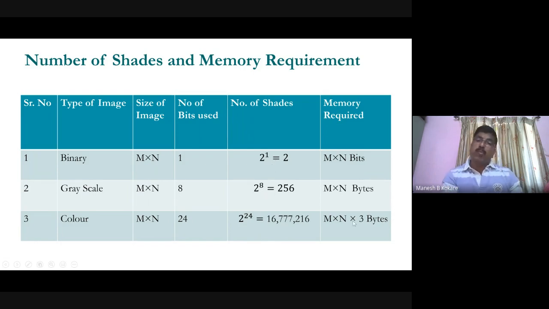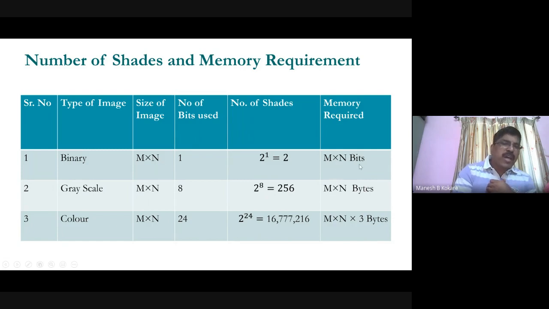But we have to pay in terms of memory required. The same image, if you are storing it as a color image, will need m by n multiplied by 3 bytes of memory. So as you go from color to grayscale, the quality of the image decreases in appearance, but memory also decreases.